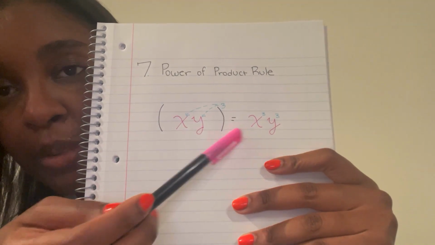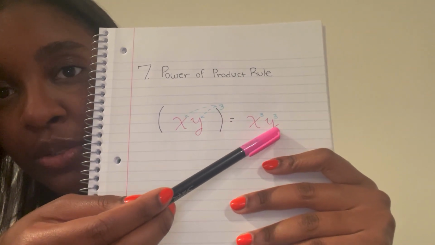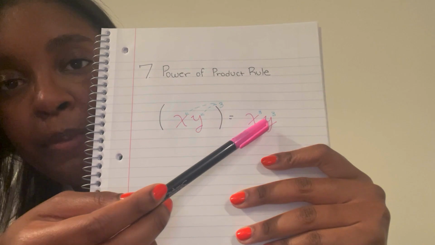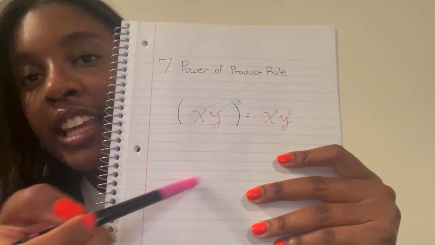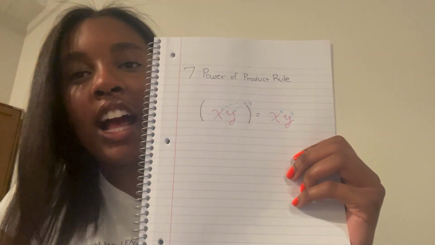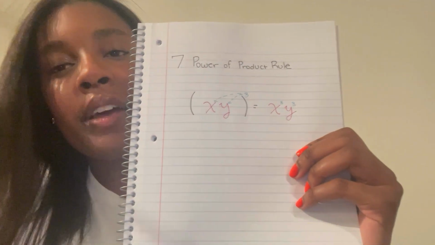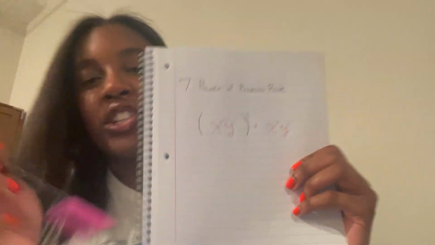So this would then become 5 raised to the power of 3 times 2 raised to the power of 3. And then if you go back to my exponents video, we know exactly how to write that out and solve that. Or you could just plug that into your calculator and get the answer. But since we're dealing with variables, we just get a simplified expression.